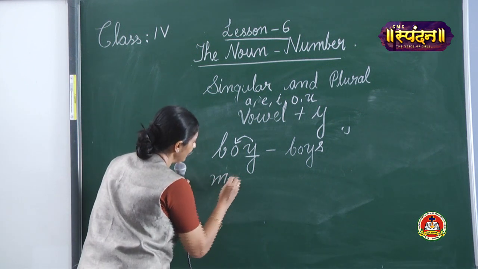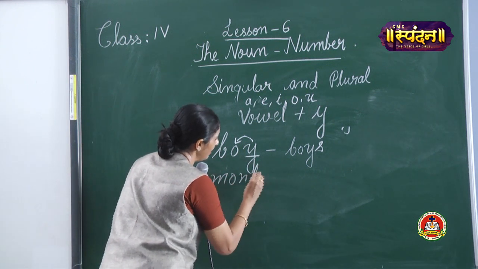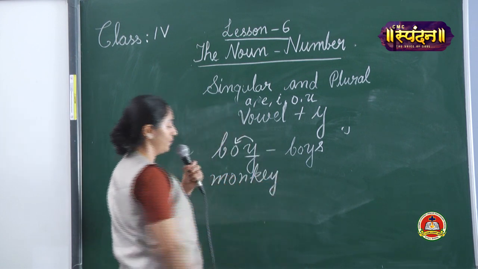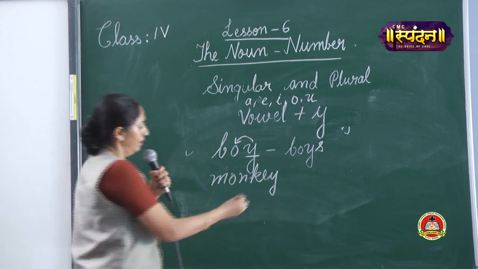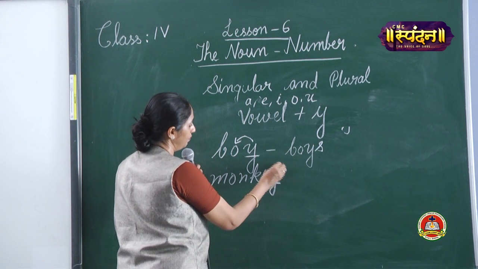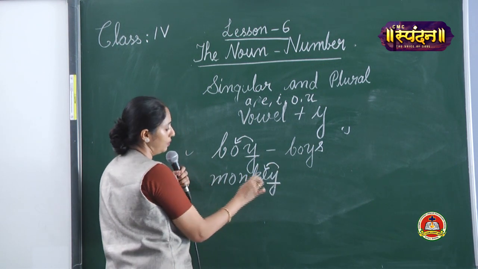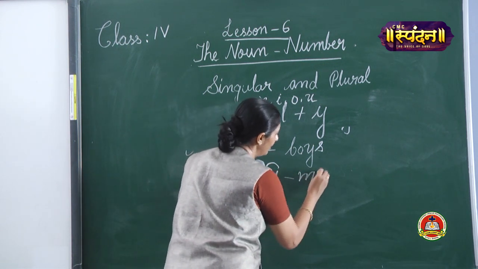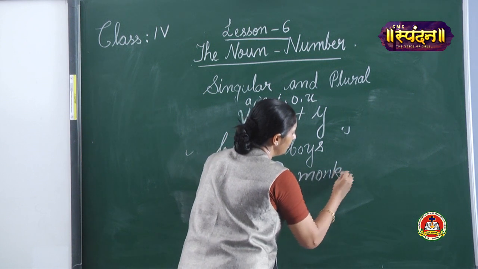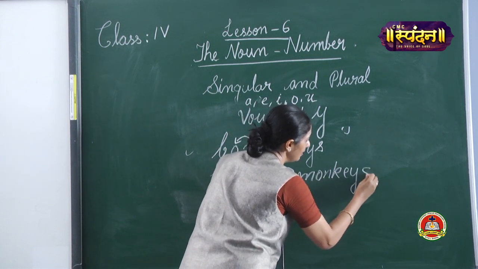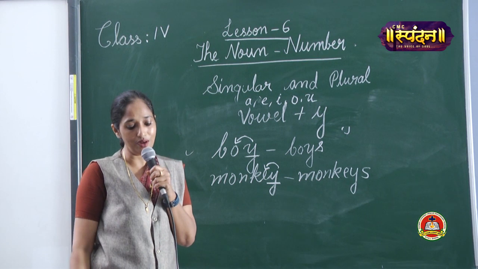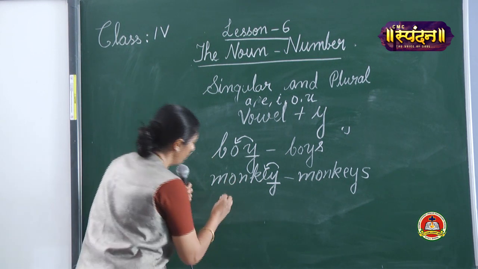Let's look at another example. Monkey. Y, before y, vowel is there, so the plural is monkeys. Just add s to the word. One more example.